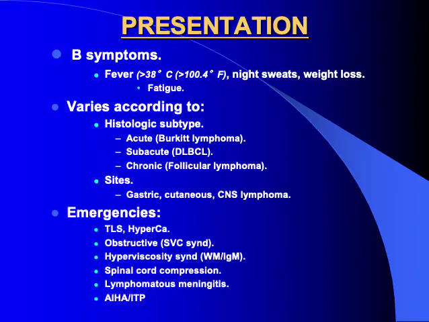For example, high-grade lymphoma or Burkitt lymphoma may present with spontaneous tumor lysis syndrome, kidney failure, hyperuricemia, or may present with hypercalcemia like HTLV1 lymphoma, or with acute respiratory symptoms, superior vena cava syndrome, obstructive airway symptoms, or with hyperviscosity syndrome, confusion, blurring of vision, like what we see in Waldenstrom disease, or with spinal cord compression if it involves the spine, or lymphomatous meningitis if the lymphoma involves the brain or meninges, or with hematologic presentation such as severe autoimmune hemolytic anemia or ITP, thrombocytopenia.